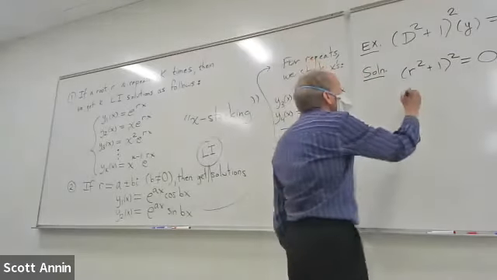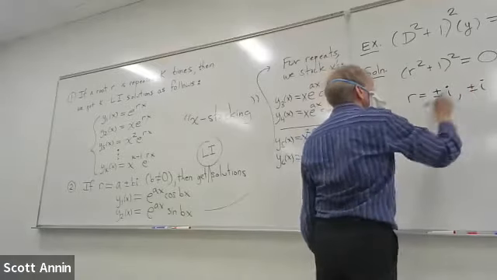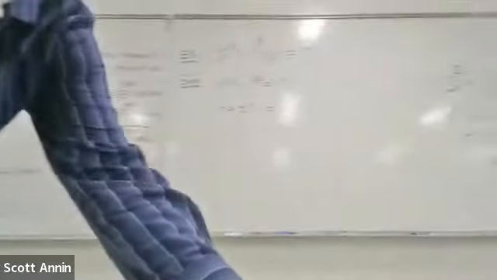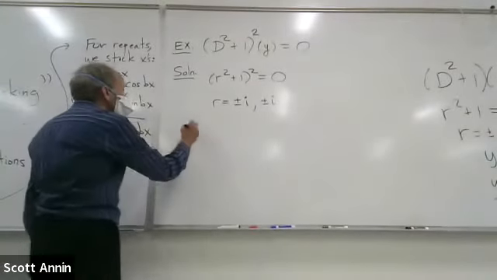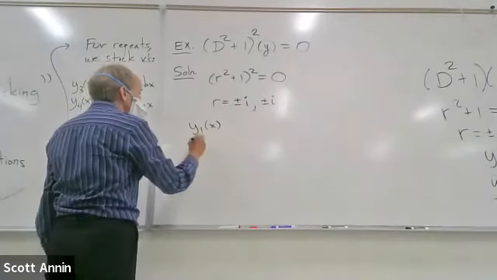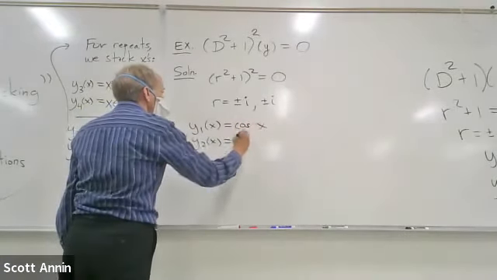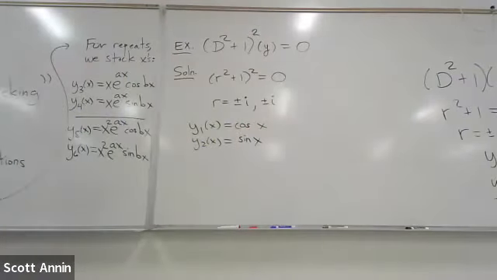And when I write down my roots, I have plus or minus i, but they are repeating twice. And remember, I do want you to write down the repeats. When they repeat, we should write them down as repeats. And so now you have y1 of x and y2 of x. They would be just cosine of x and sine of x, just like in that earlier example.